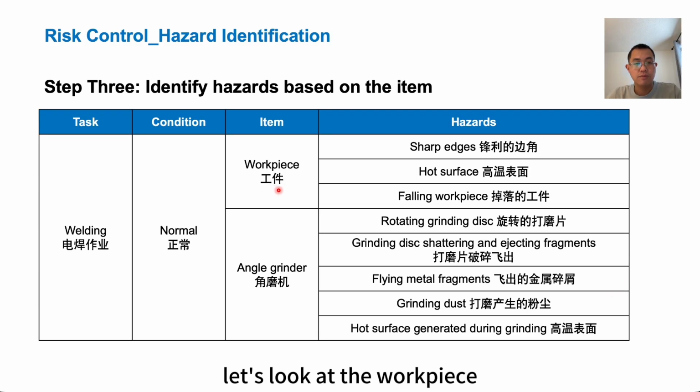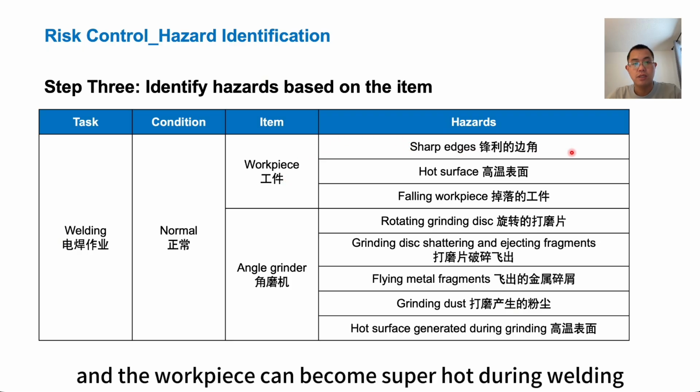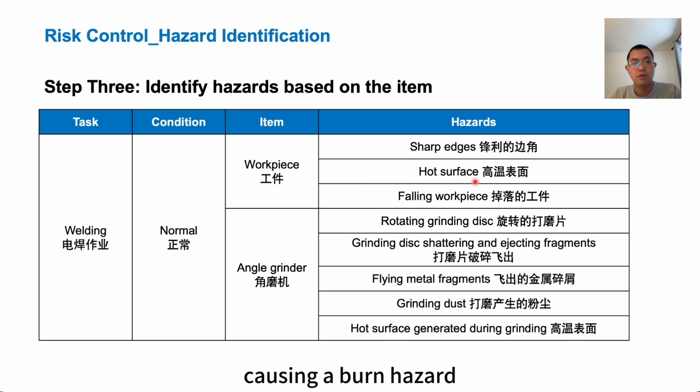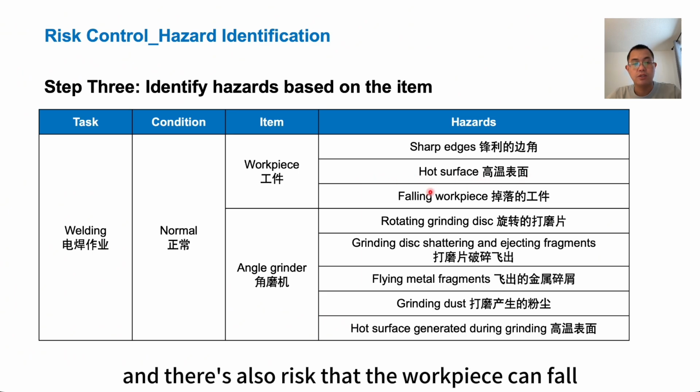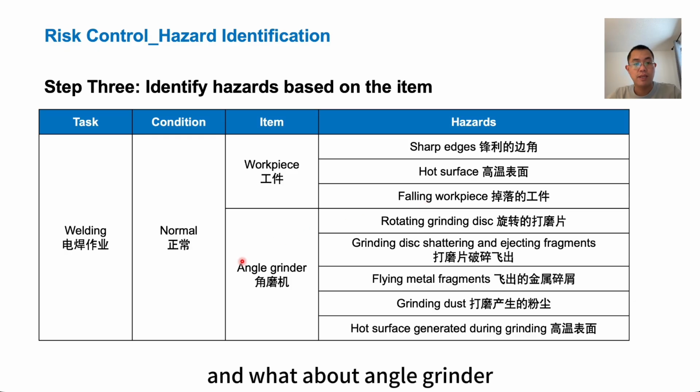Let's look at the workpiece. Some workpieces have sharp edges which can cause cuts, and the workpiece can become super hot during welding, causing a burn hazard. And there's also a risk that the workpiece can fall from the work table or support if it's not fixed. And what about the angle grinder? So what hazards or types of energy are associated with it?